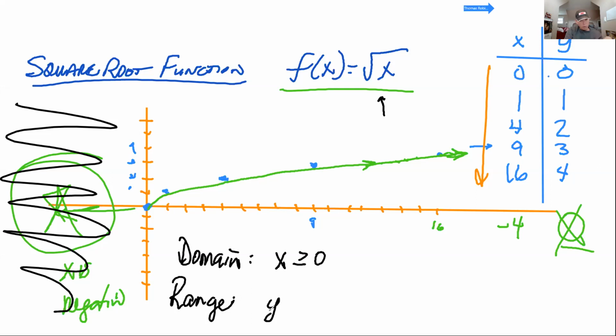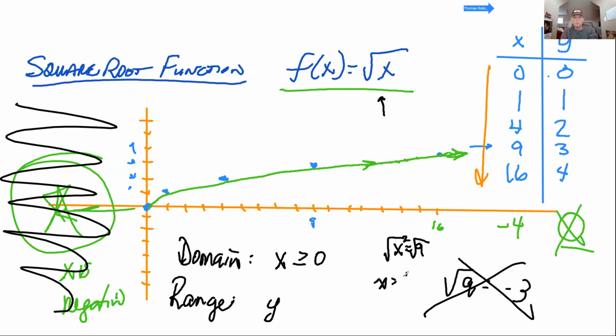The square root of any number, by definition, the square root of any number is positive, or 0 if it's 0. So I would never say the square root of 9 is -3. I would never say that. Now, I understand that when we solve a problem like x squared equals 9, we take the square root of both sides, we get x equals plus or minus 3. So you're thinking, isn't that what the square root is?